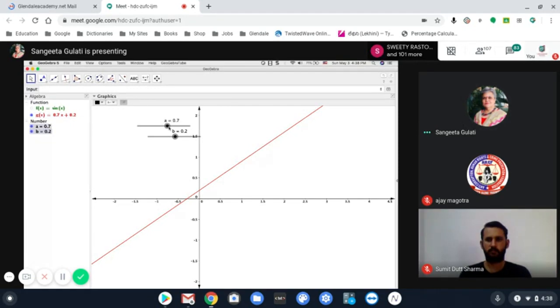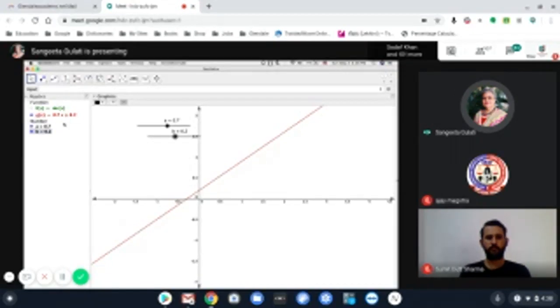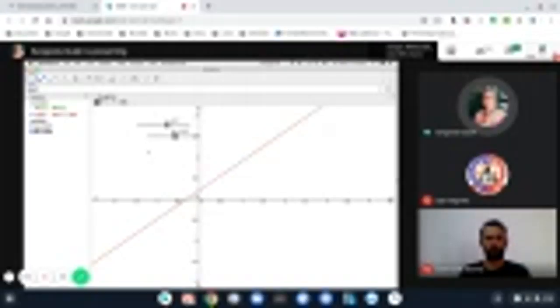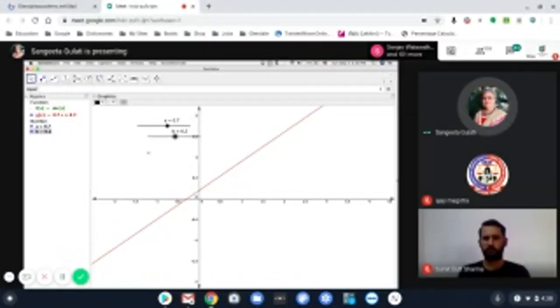And a is playing the effect of the slope, the coefficient of x, when I have written the equation in the form y = mx + b. So that is the beauty of having something like this, which you can use as a parameter, where the parameter is changing its values, and there are factors or functions which depend on it, which are also changing.